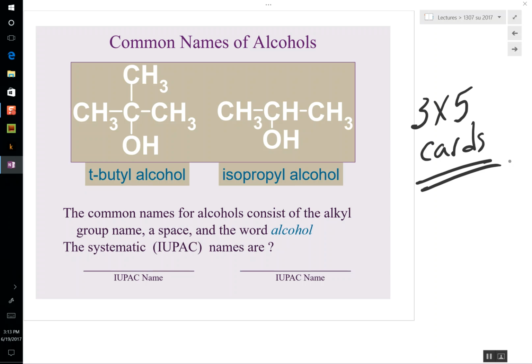It's T-butyl alcohol, or tertiary butyl alcohol. That is an isopropyl substituent, and we got an OH on it. It's isopropyl alcohol. Okay, write down the IUPAC names of those two molecules on your papers. Figure out what the IUPAC names are.